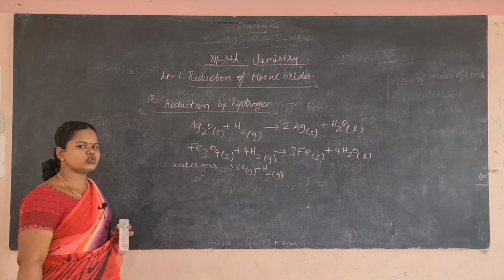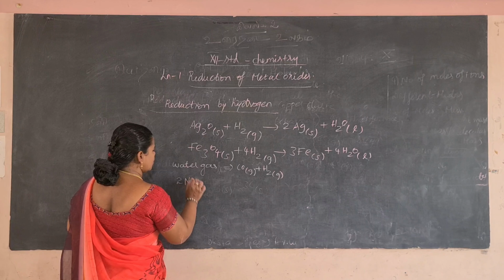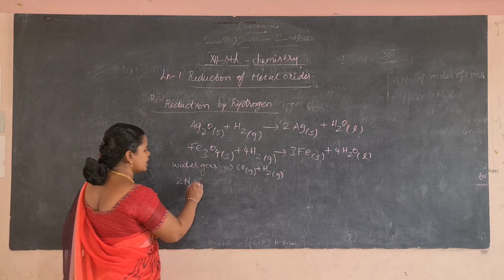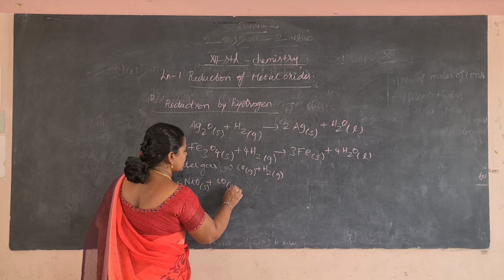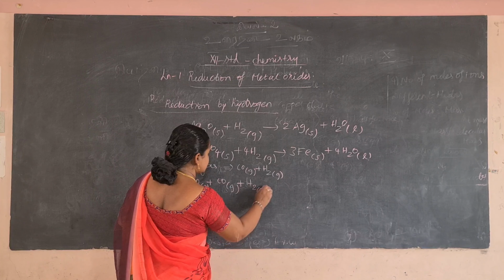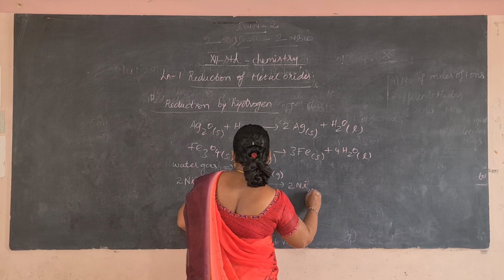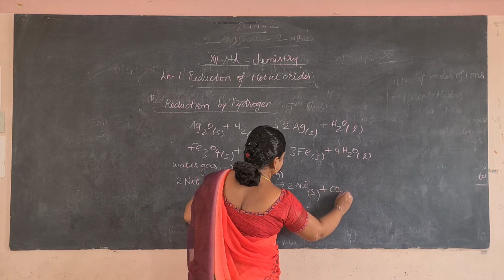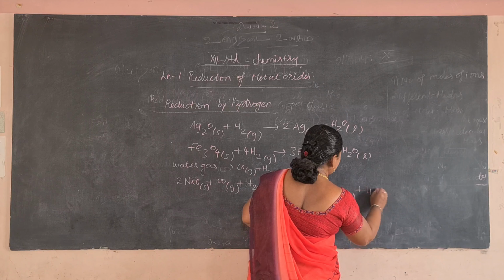This mixture is used to reduce nickel oxide. What is the formula for nickel oxide? NiO. NiO solid plus this water gas, that is carbon monoxide gas plus hydrogen gas, forms nickel plus CO2 gas plus H2O liquid.